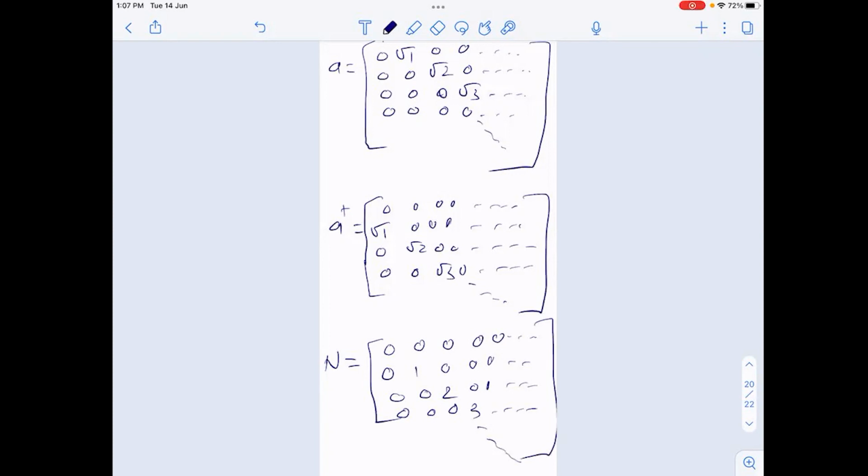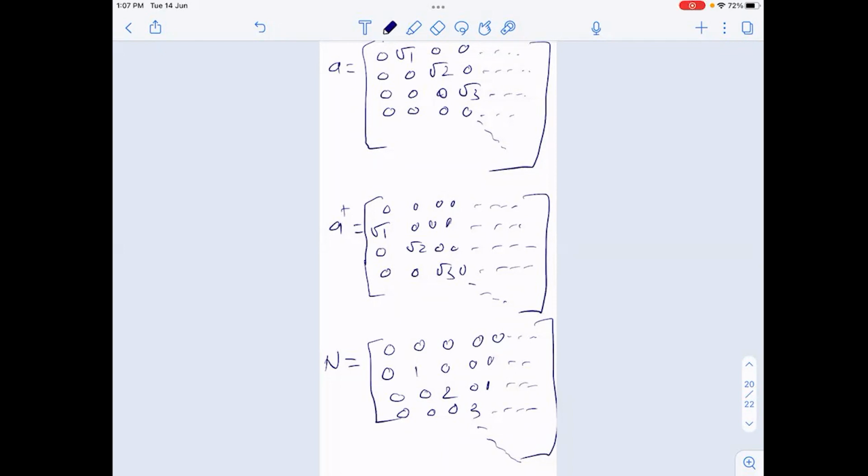Now you can see the matrix representation of x0, p0, a dagger, and n using the Heisenberg picture and Dirac's second quantization method. Right? So these are the techniques that have been used.